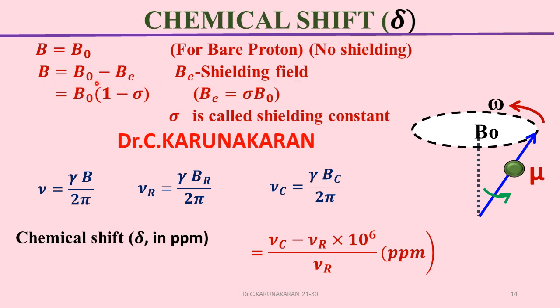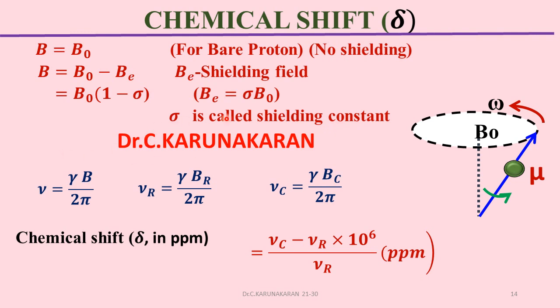Therefore, the magnetic field felt by the proton in the compound is less than the applied magnetic field, as the shielding field is subtracted, or equal to B naught minus sigma B naught. That is, B E equal to sigma B naught, where sigma is called the shielding constant.